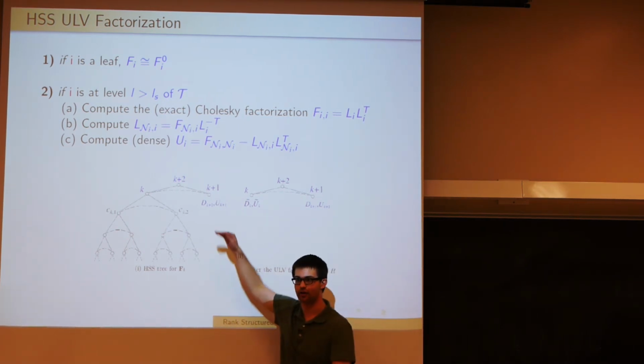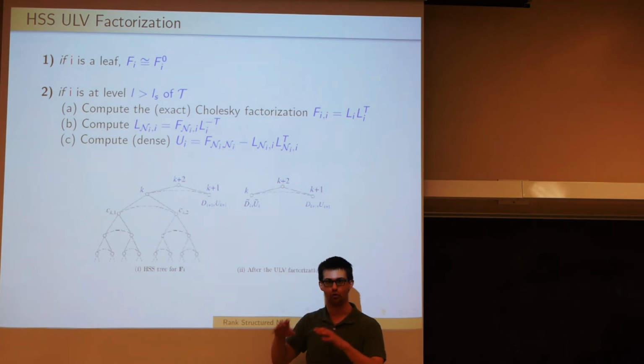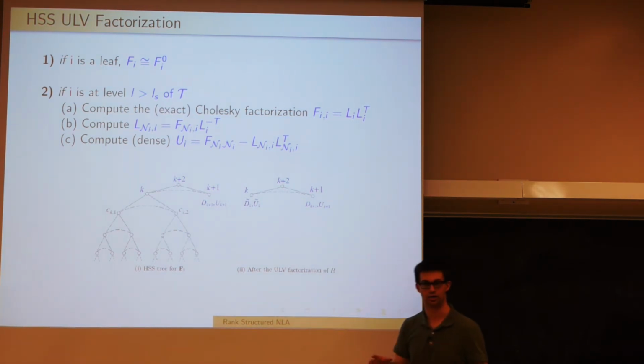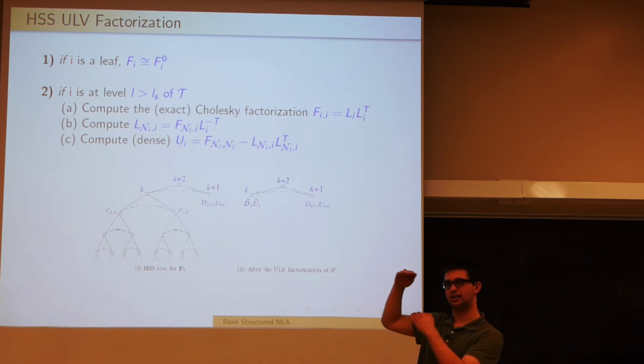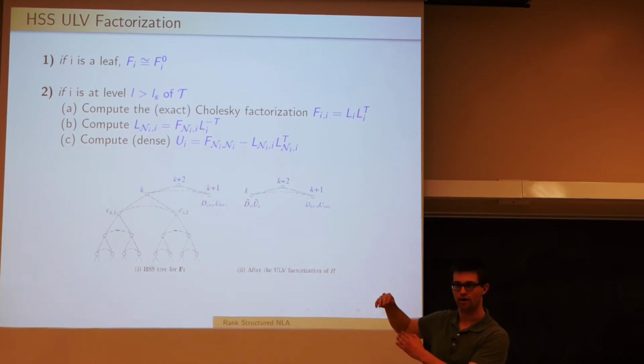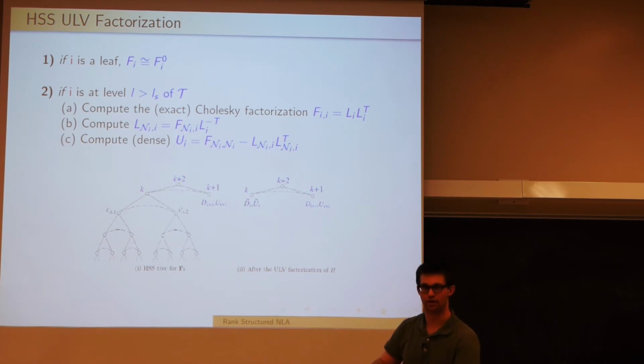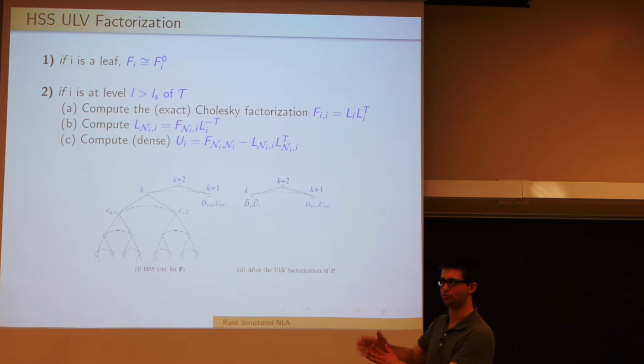And anything above it, we're dealing with big enough matrices where we want to do everything in terms of structured matrix computations. So on all of the steps of the algorithm, you'll see these if-else statements, where if you're above the switching level or below the switching level, do this. I think that's the only really confusing part about this. Now I'll go through it step by step, but does the idea of a switching level make sense?